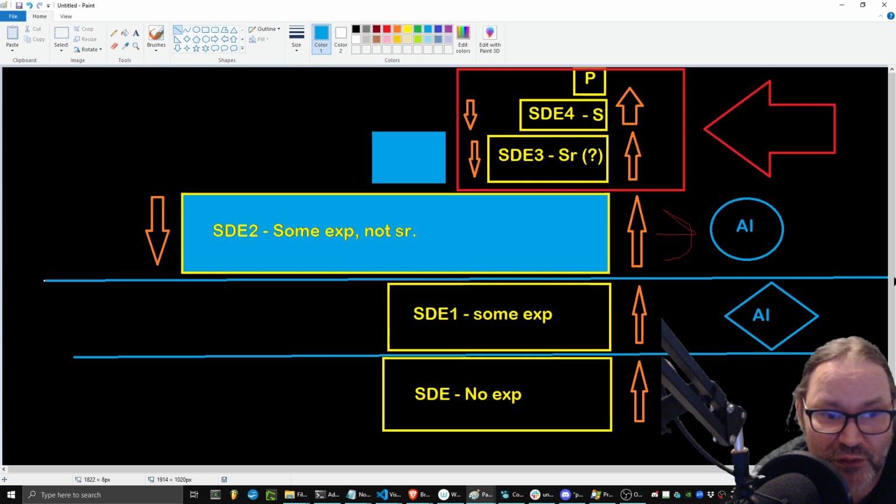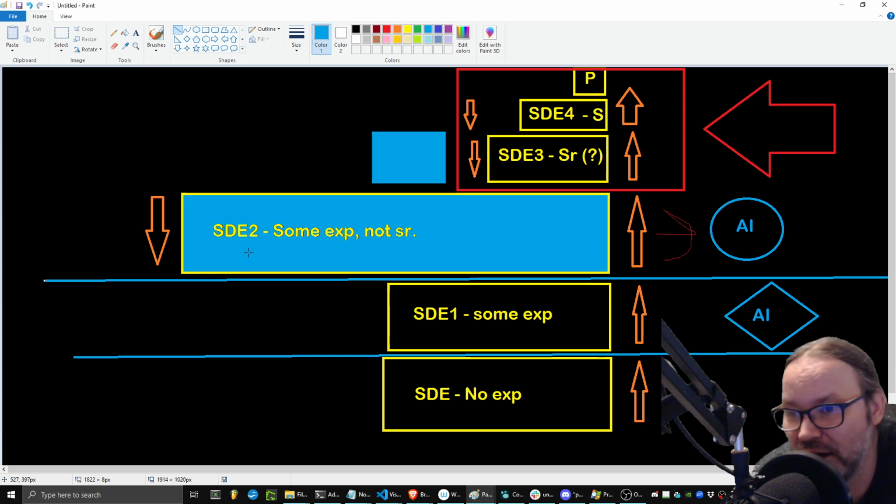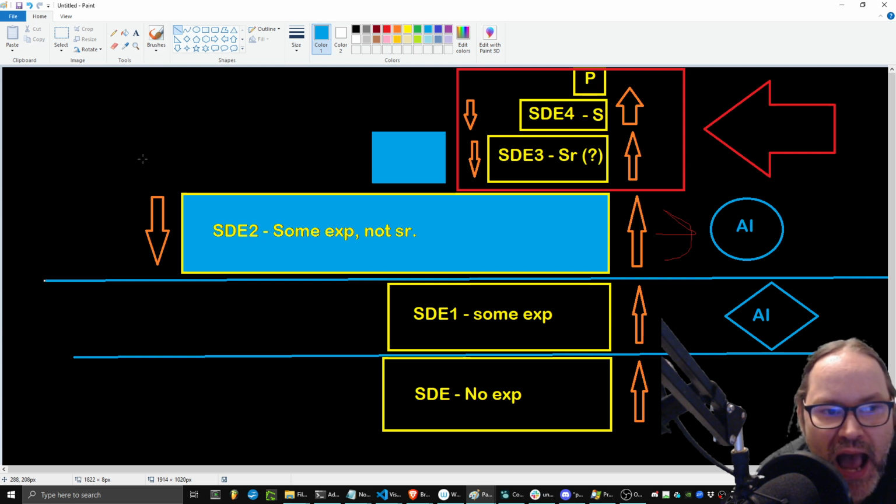I actually believe it's already at the SDE1 level. It just feels like it based on my experience with the tool set right now. Within the last couple of months is when it feels like that changed. And we're about here right now, I think. Maybe up to there at the most.